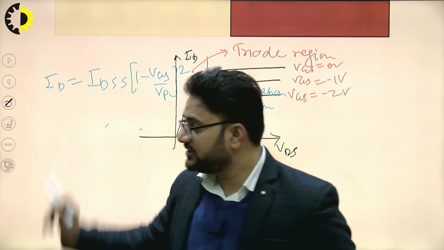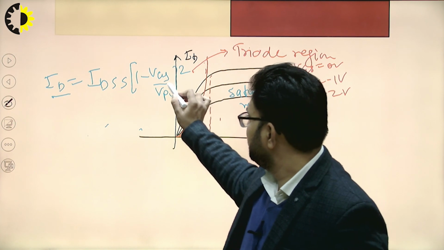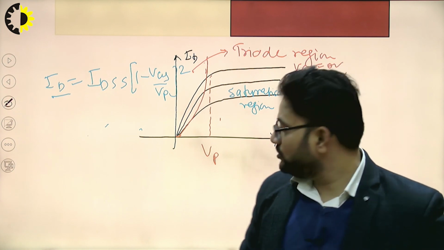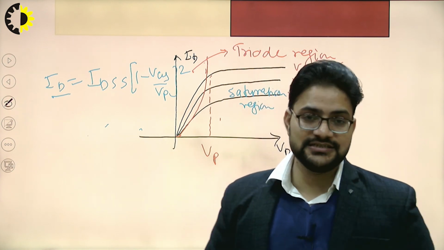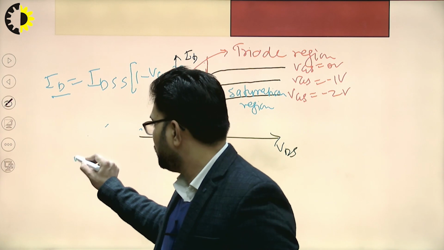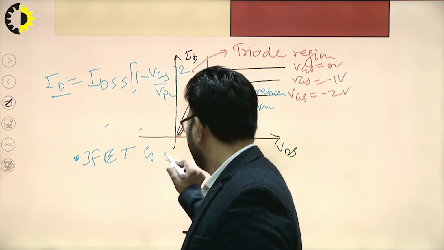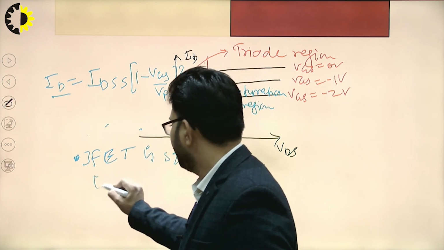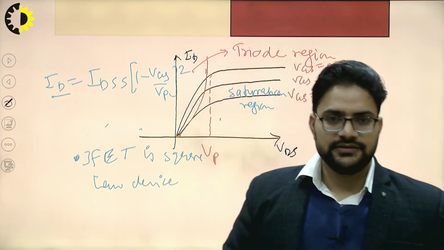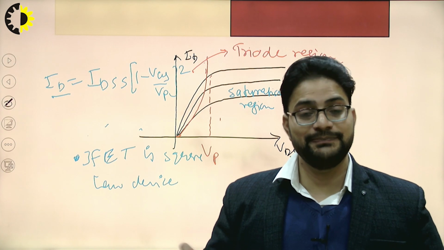You can see from this expression also that ID is related to VGS in a square manner. So we say that the JFET is a square law device. This JFET always works in the depletion mode.